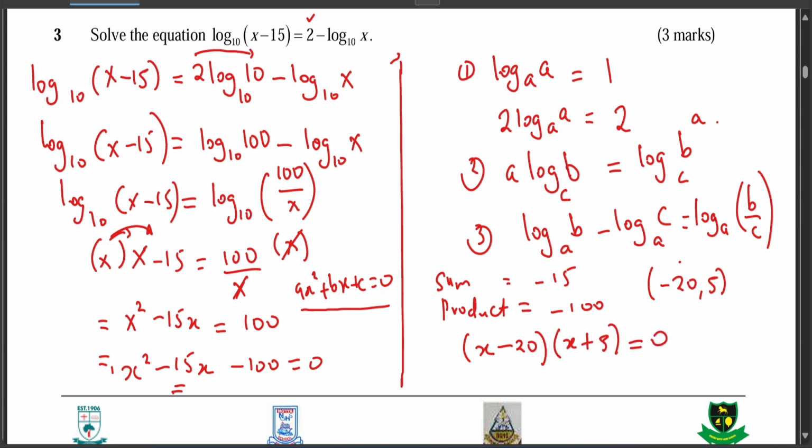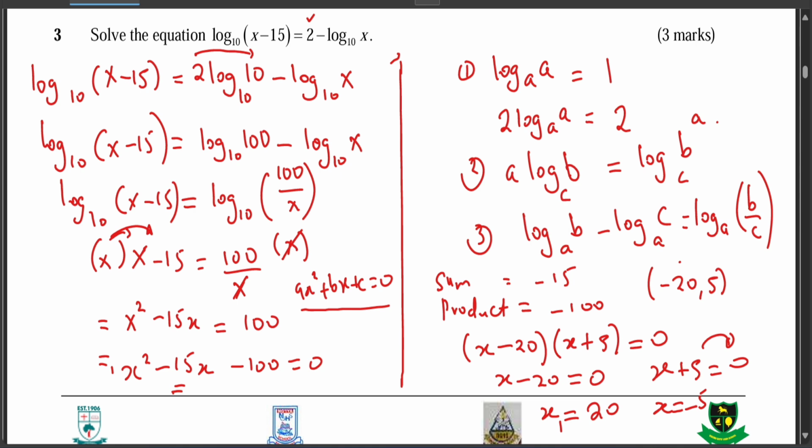That's how you factorize it when the coefficient for x squared is 1. So you take x minus 20 equal to 0, so your first x will be equal to 20. As for the other, x plus 5 equal to 0, so x becomes negative 5 if you bring it to the other side of the equation.